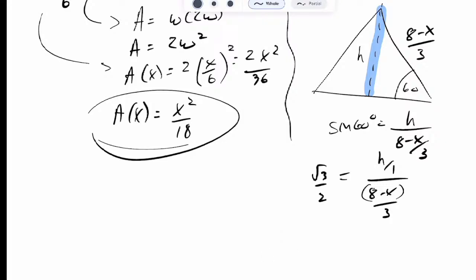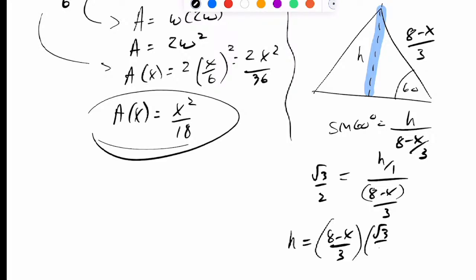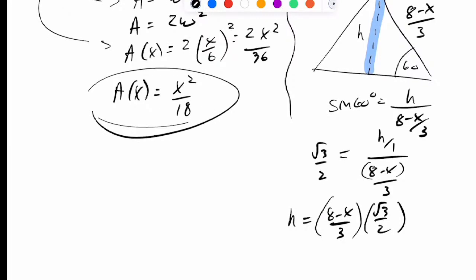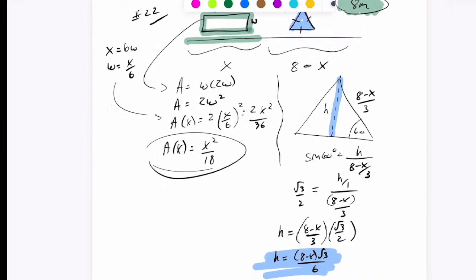So if you want to isolate for this, you're going to end up getting h is (8 minus x) over 3 times root 3 over 2 for my h value. So h is what, (8 minus x) root 3 over 6. That ends up being the height here.